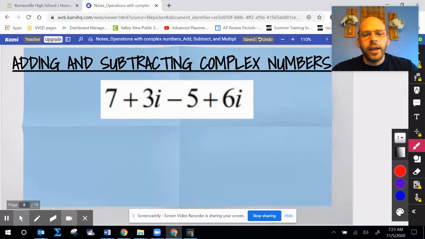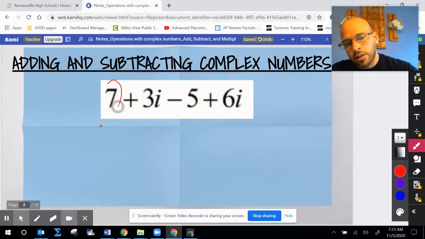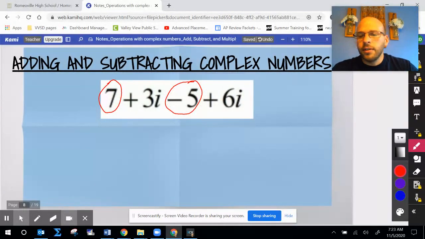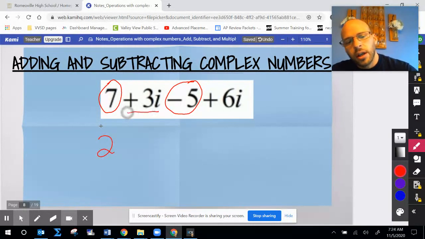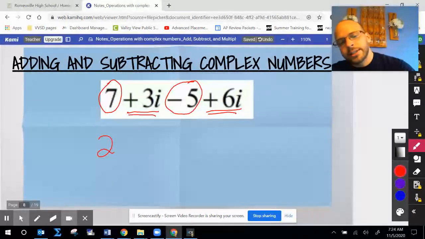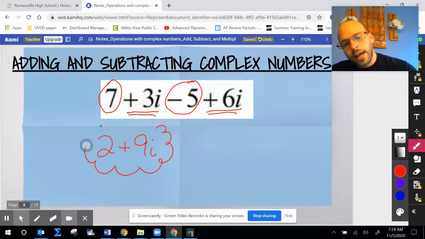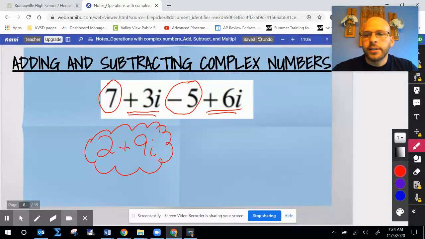All right, so now there's no parentheses here, so you don't have to do anything special, just combine like terms. Don't overthink it. I want to combine 7 and -5. 7 plus -5 is 2. And then 3i plus 6i is 9i. That would be my final answer.